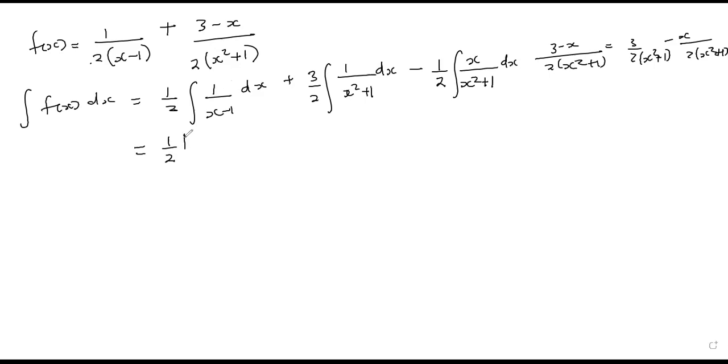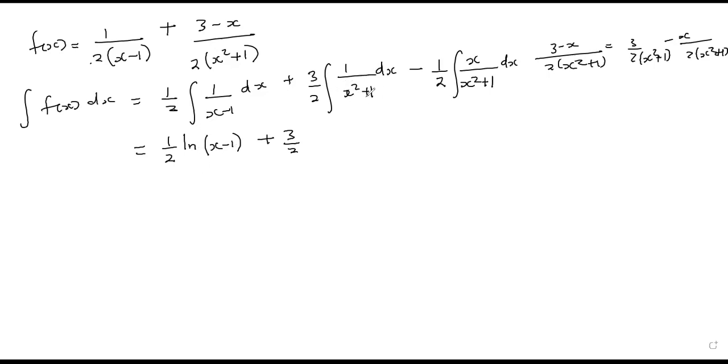So it is going to be ln of x minus 1 plus 3 over 2. This is automatic. When you differentiate this, you get 1, which is this, implying that when you differentiate the denominator, you get the numerator. So that is ln that.